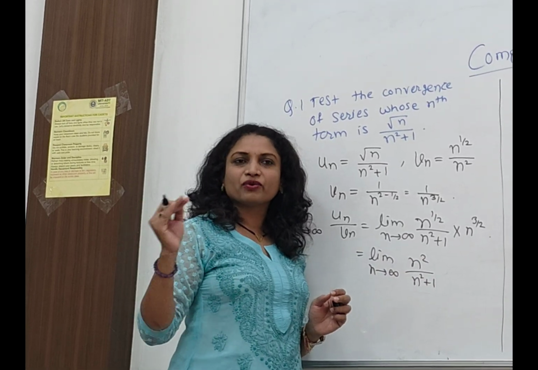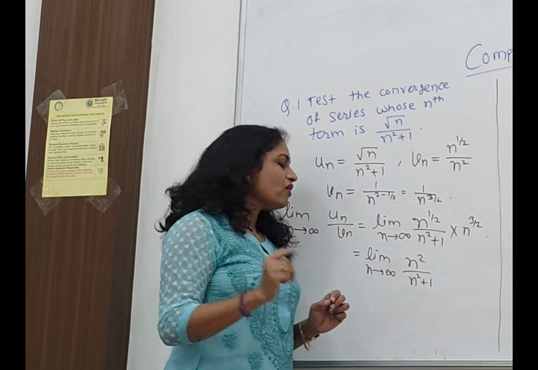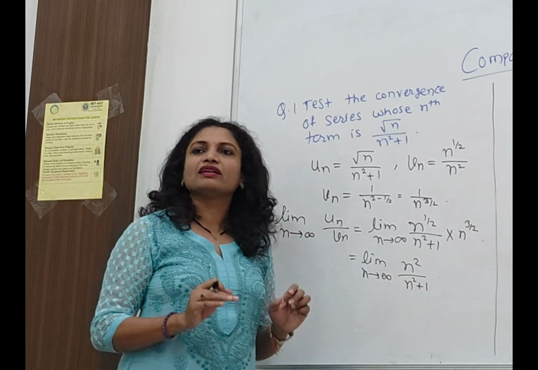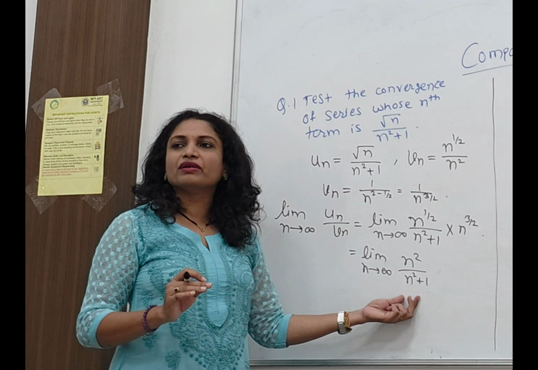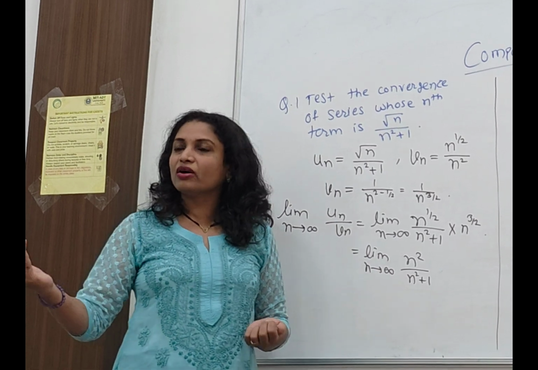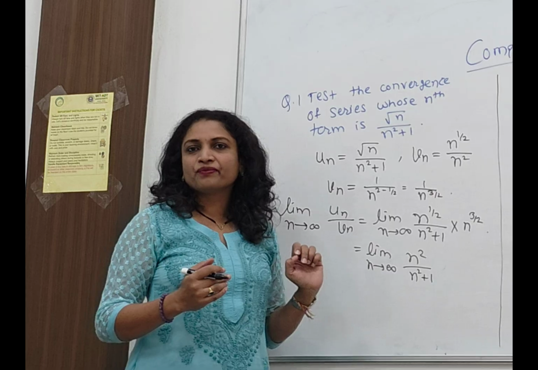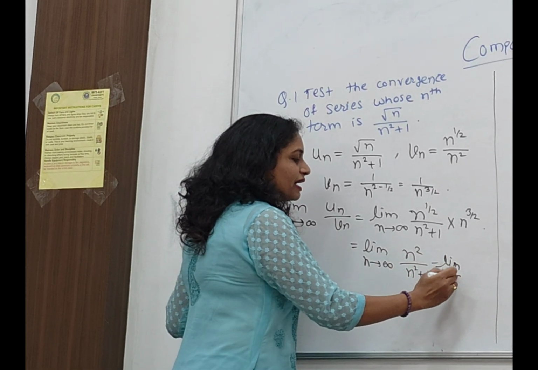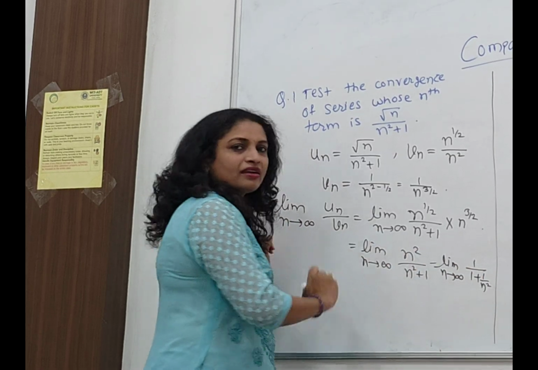To avoid that, bring n into the denominator. In comparison test you always get the powers of numerator and denominator the same. So let's divide numerator and denominator by n square. So it will be 1 upon 1 plus 1 upon n square.